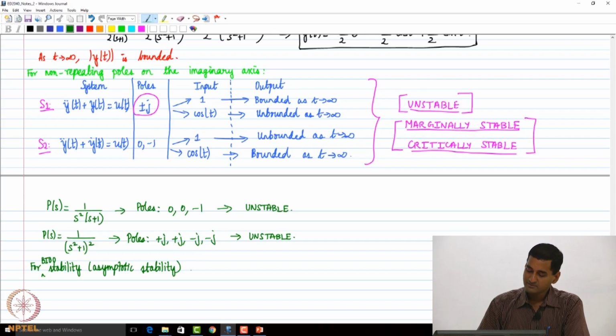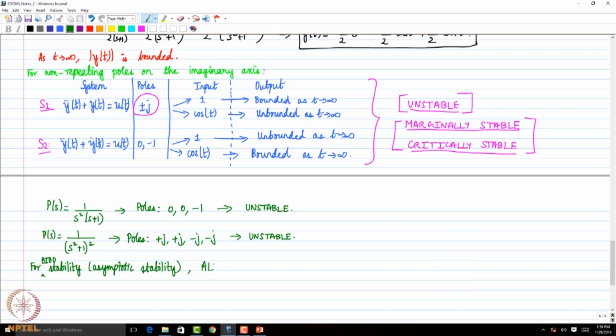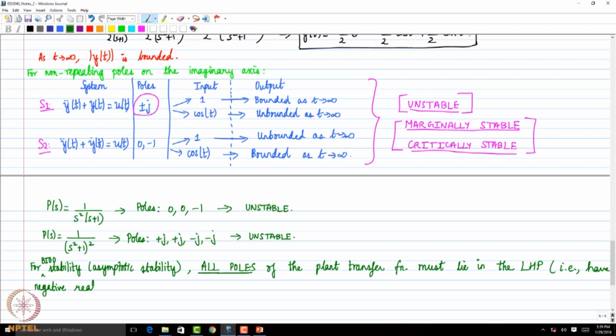So for BIBO stability, I'm underlining, all poles of the plant transfer function must lie in the LHP, or in other words, have negative real parts.